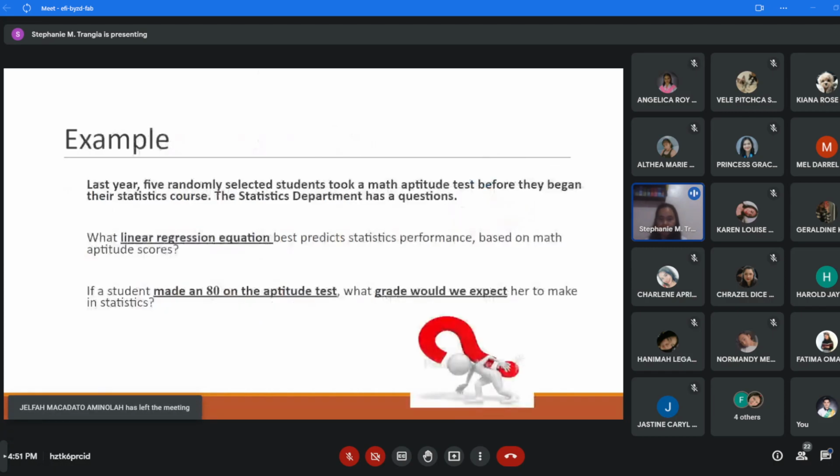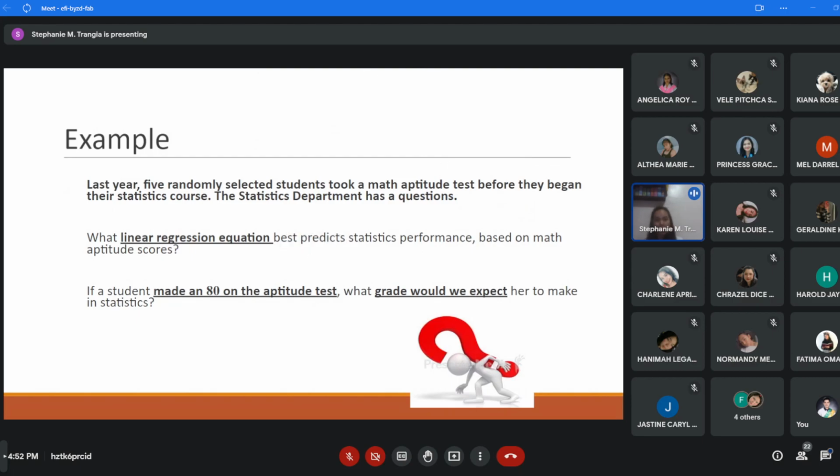So to further emphasize those concepts, let us have this example. Last year, 5 randomly selected students took a math aptitude test before they began their statistics course. The statistics department has the questions. What linear regression equation best predicts statistics performance based on math aptitude score?